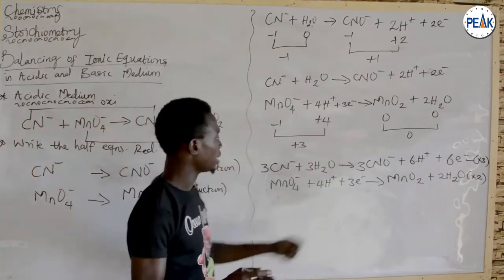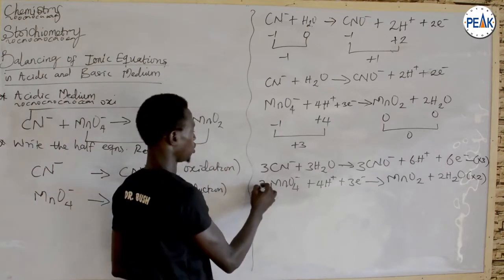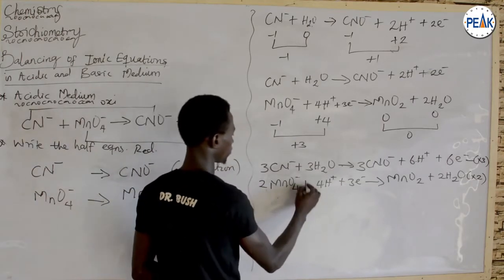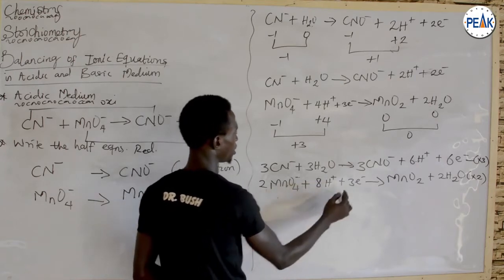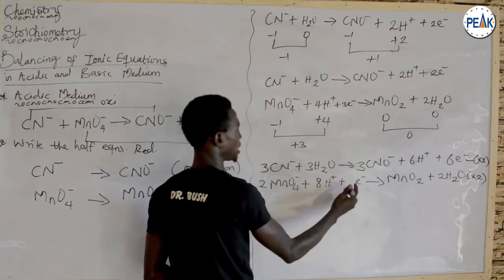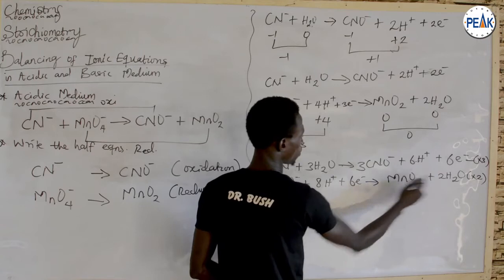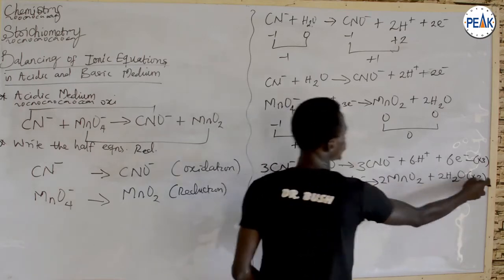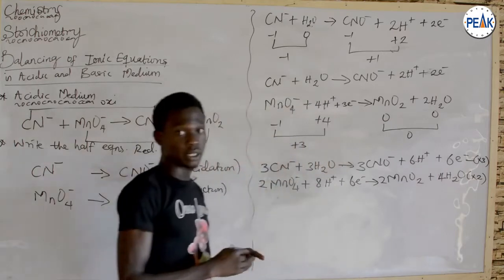I believe this is clear. In the same way, I'm also going to multiply this equation by 2. So there will be 2 here, plus 2 times 4 is 8, 8 here, plus 2 times 3, 6. There will be 6 here. 2 times this will be 2, and then 2 times 2 is 4. I believe this is clear.